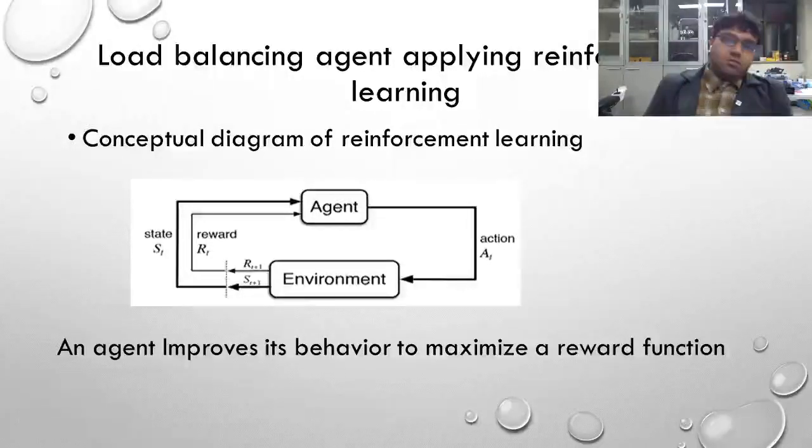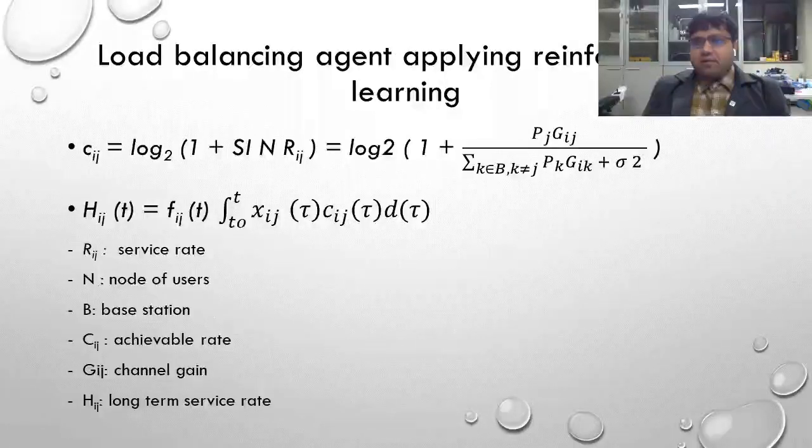In our proposed system, we work with the load balancing scheme. In the load balancing scheme, you have to balance the load between the servers so that the load will not be too much in one server and is proper across many servers, and no server is sitting idle. This should be the appropriate behavior for an agent. And how will it learn? It will learn by trial and learning from its environment.